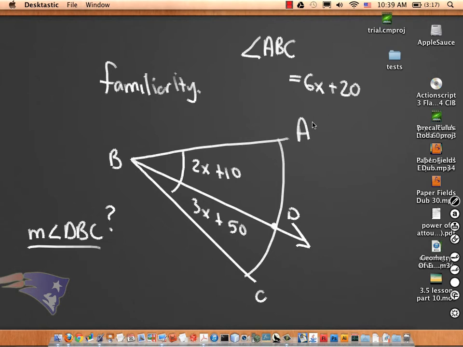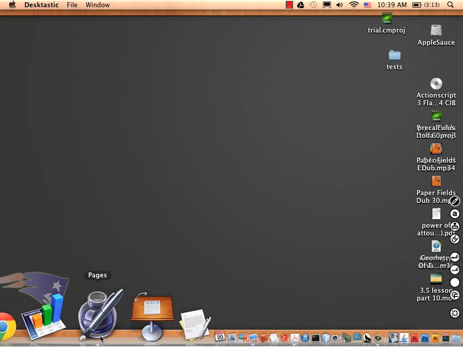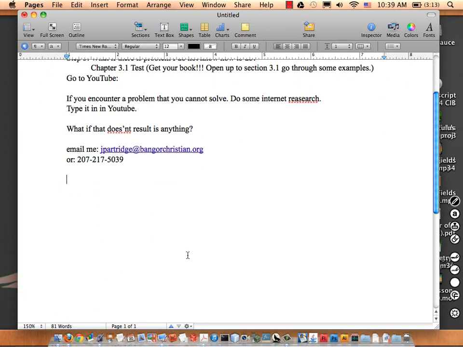Then the question is, have I solved the problem? No. You've got to do what with x? Right, so we want to plug it into the measure for DBC. Which of these two is that? The 3x plus 50. So whatever the value of x is, you plug it in, you solve the problem. Good. Okay, so the only way, actually I'm just going to type this part out.